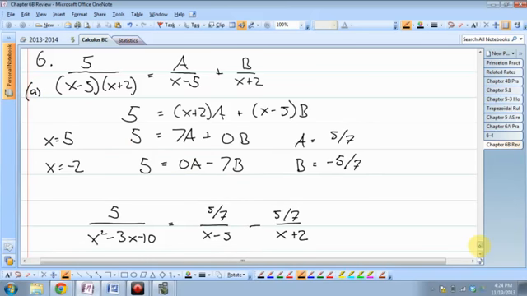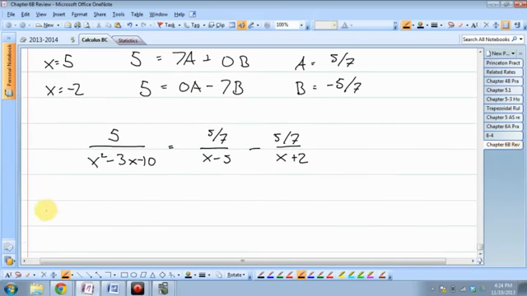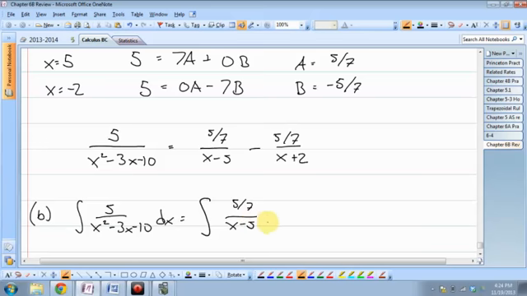Part B. Find the antiderivative. The antiderivative of 5 over x squared minus 3x minus 10 dx is equal to the antiderivative of 5 sevenths over x minus 5 minus 5 sevenths over x plus 2 dx.